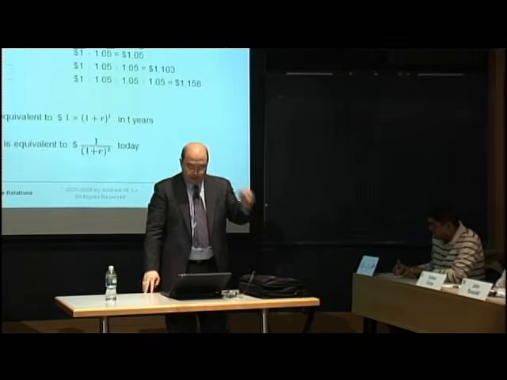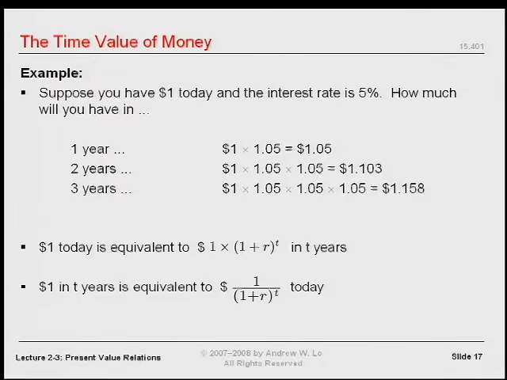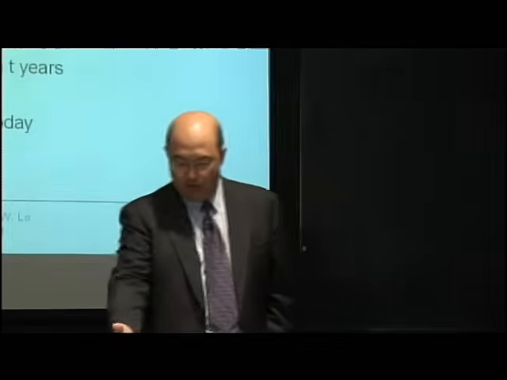Now, here's a simple example about how these discount factors work. This is just an interest rate example. If you let little r equal 5%, then you can figure out what the value of $1 is in the future, or you can figure out what the value today of a future dollar is. It's just using simple arithmetic to be able to do that. So this is just a simple concrete illustration.